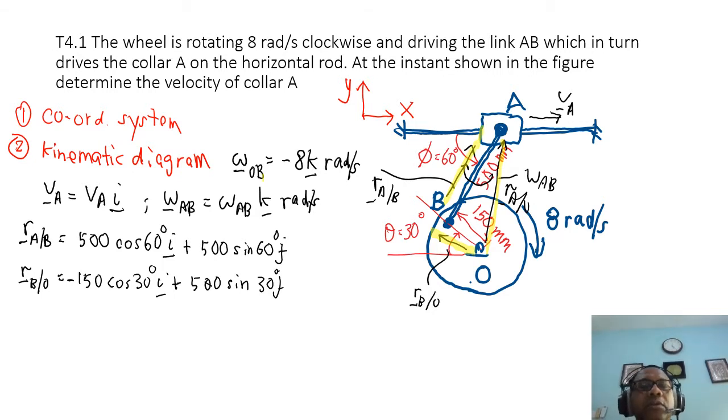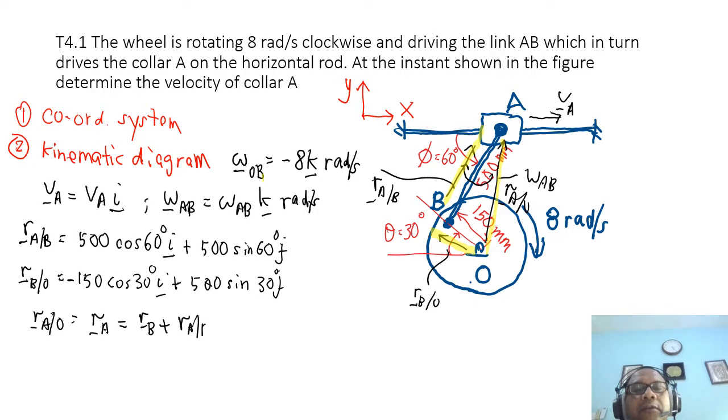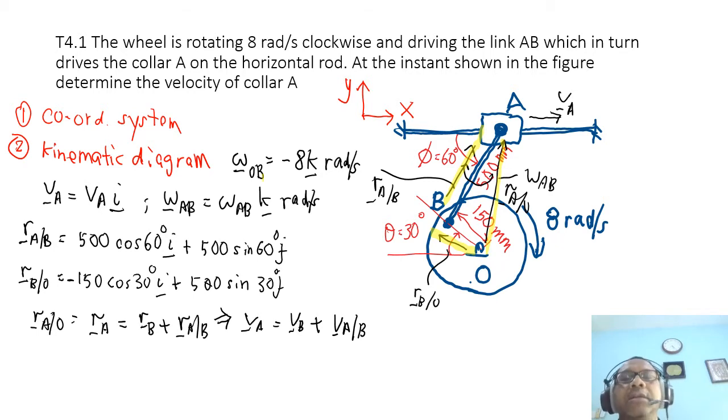If you look at the way I draw the position vector A relative to O here, I can now write position vector A equals position vector B plus position vector A relative to B. So we can transform this equation into the velocity equation: velocity of A equals velocity of B plus velocity of A relative to B. Now, we know what the direction of VA is, but we want to know omega AB.